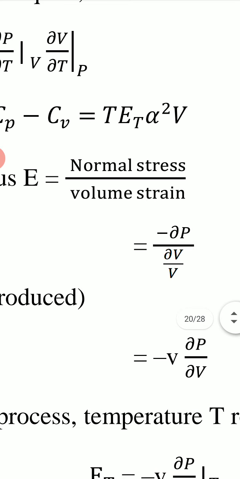It is the ratio of normal stress and volume strain. Modulus of elasticity is equal to stress upon strain, and when we have volume strain, this modulus of elasticity will be called bulk modulus. So bulk modulus E equal to normal stress upon volume strain.